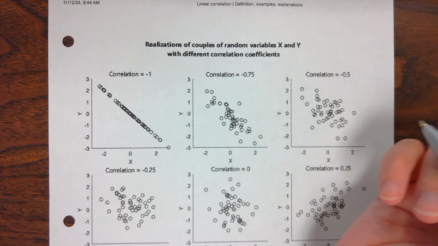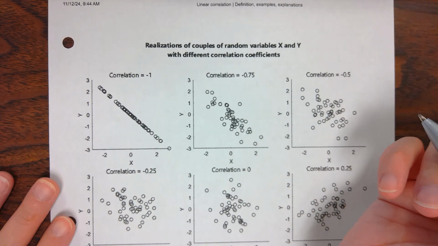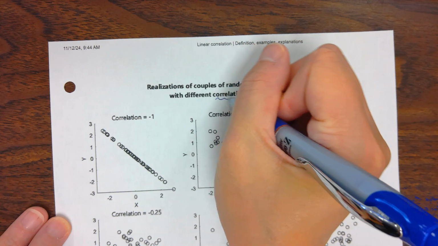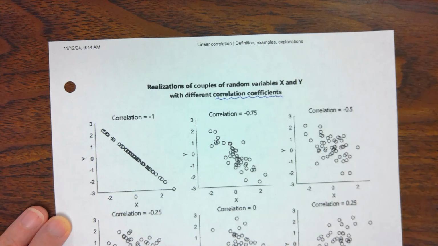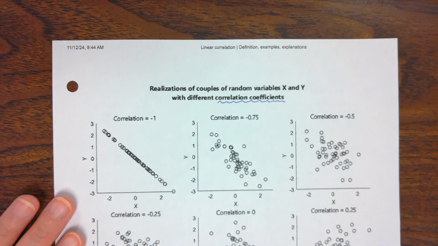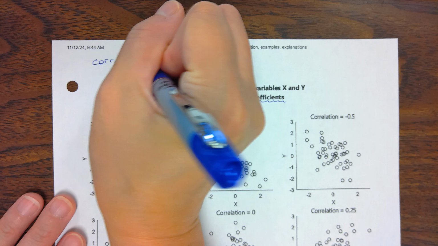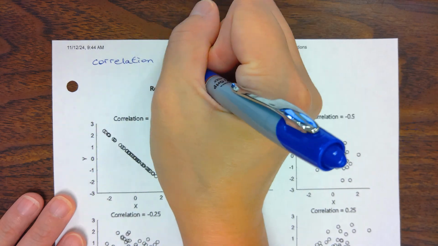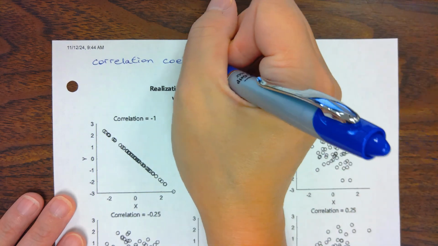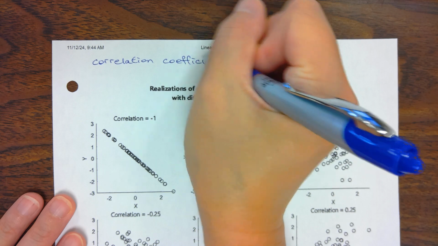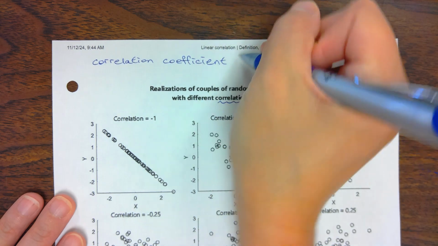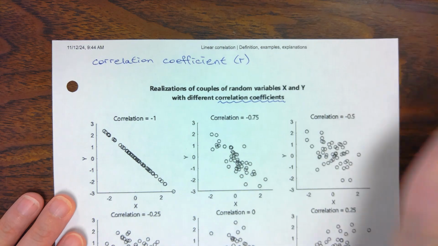So correlation coefficient. Okay, it is different than slope. It's not the same thing as slope. So what does correlation coefficient measure? The symbol that we use for it is the letter R. Okay.